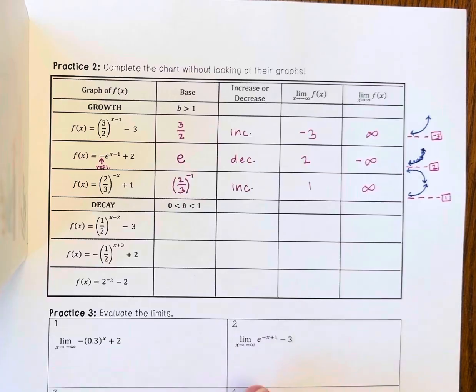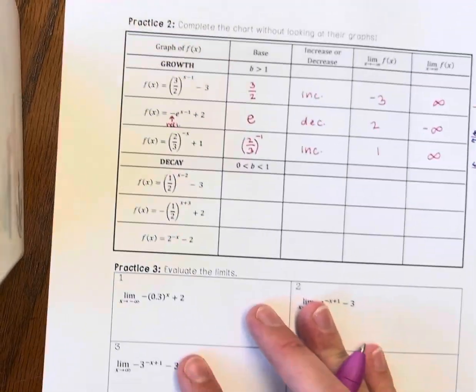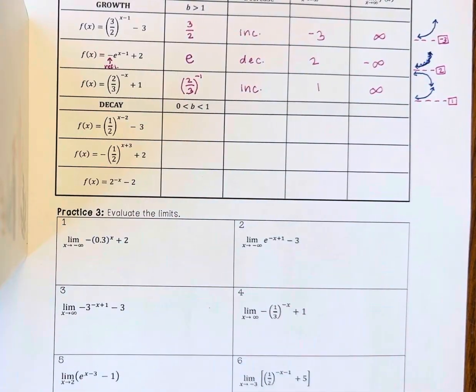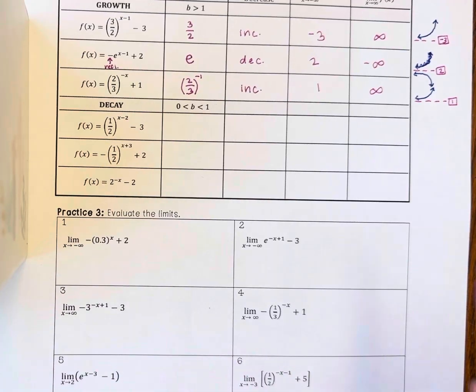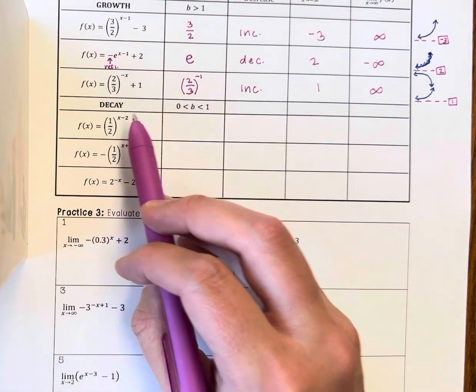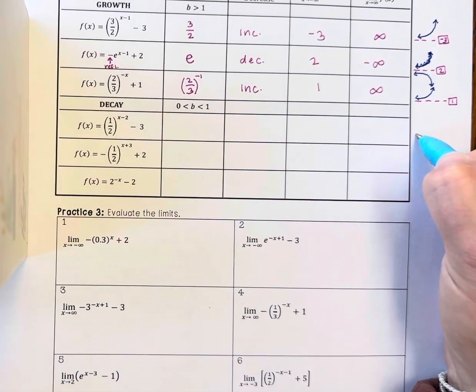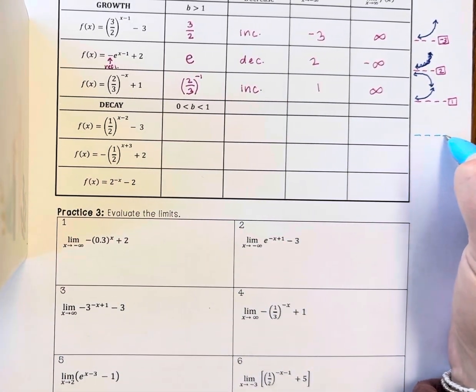For the decay section, I have 1/2 to the x minus 2 and then minus 3. So negative 3 is where my asymptote is going to be.